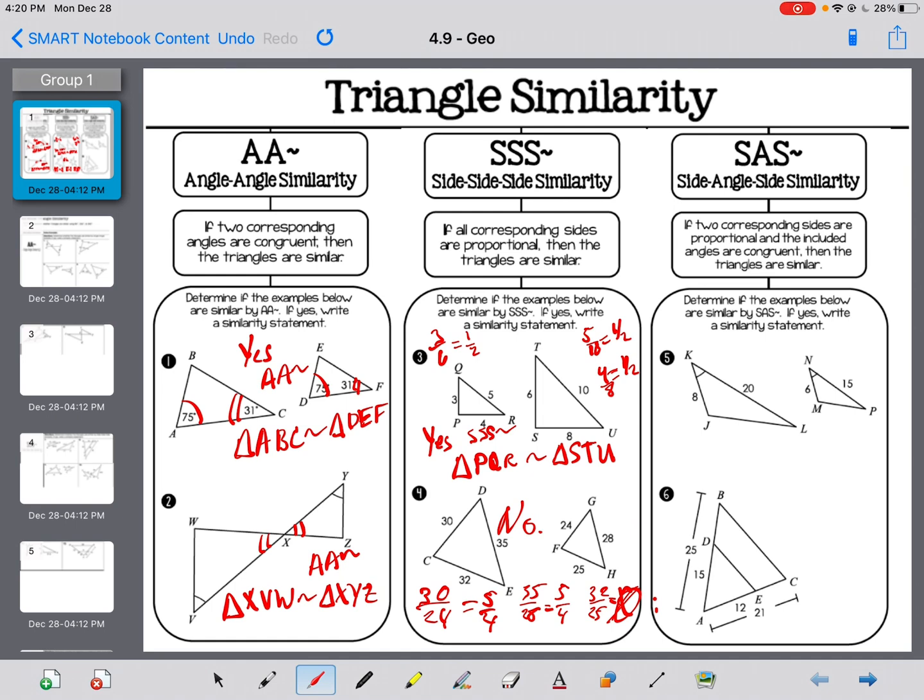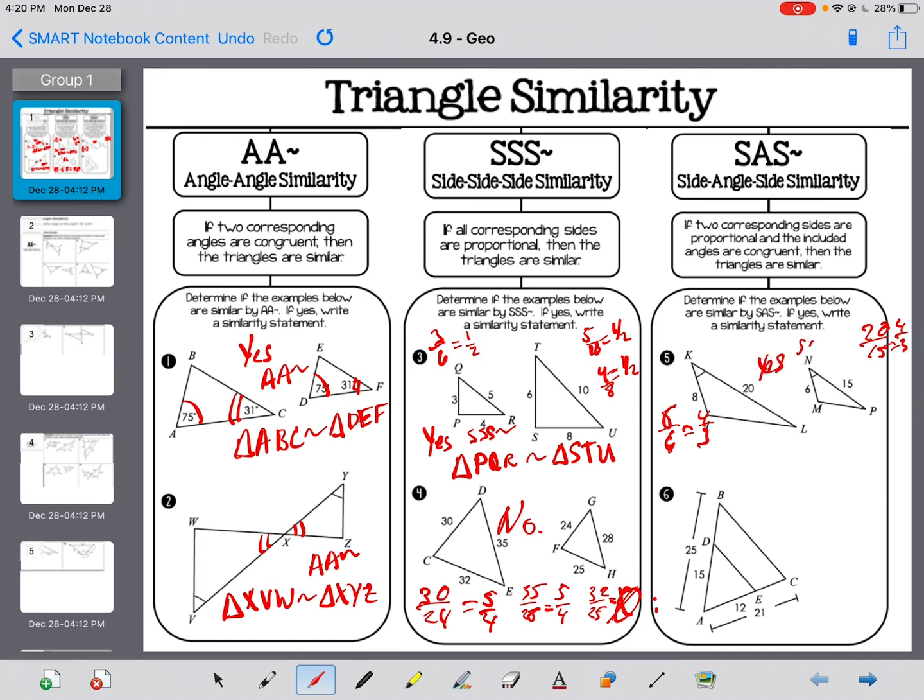Side, angle, side. If 2 corresponding sides are proportional and the included angle is congruent, then they're similar. So we still got to do that proportionality. So if we look at this one, we know that K and N are the same. They're marked. Nice. So if we do 8/6, that reduces to 4/3. And if we do 20 over 15, 5 goes into that, 4 over 3.